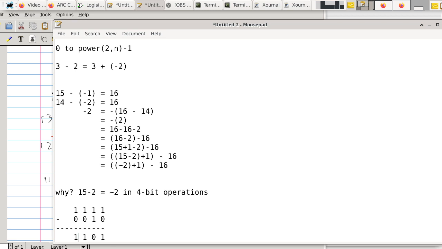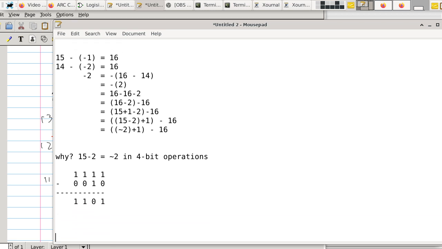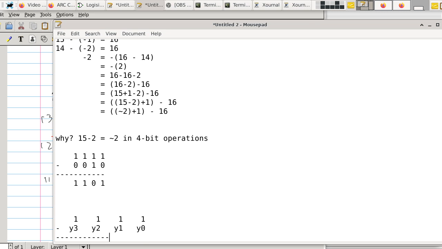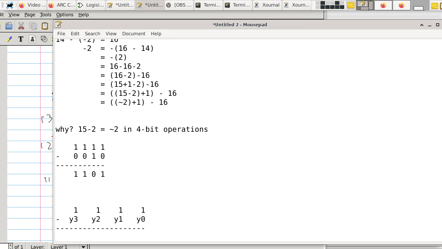So what we want to do is now we are looking at something more like this. We have 1, 1, 1, 1. And then here we have y3, y2, y1, and y0. Those are representing individual bits. So what do we have as the third row? Well, this is really just 1 minus y0, right? Yes.